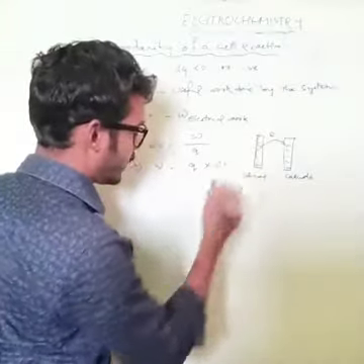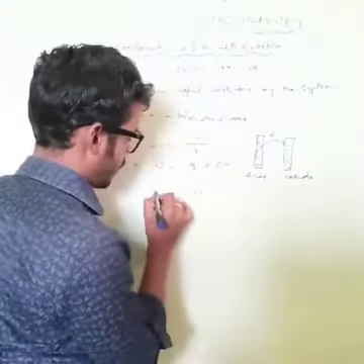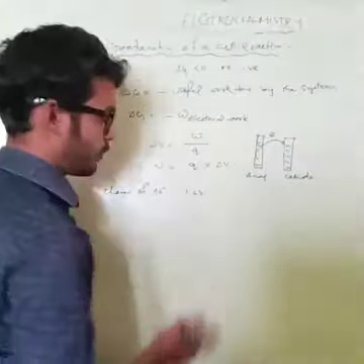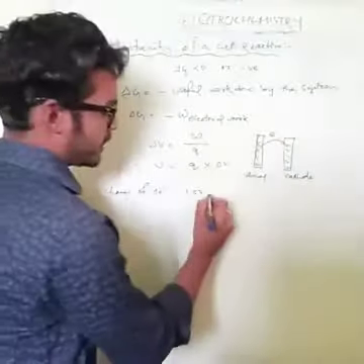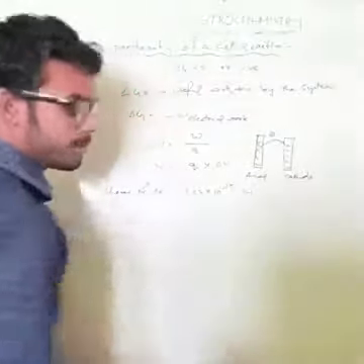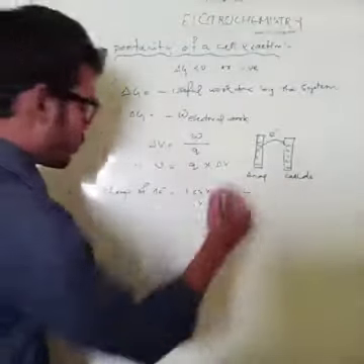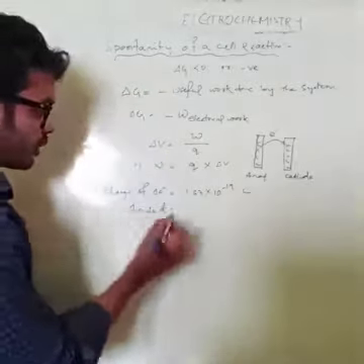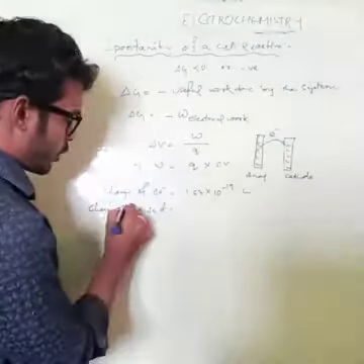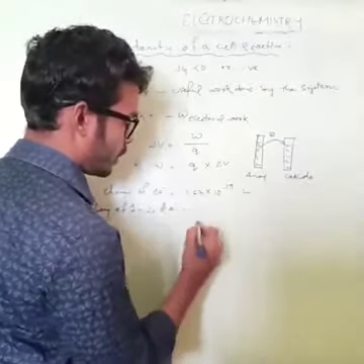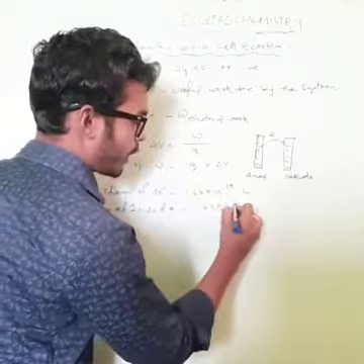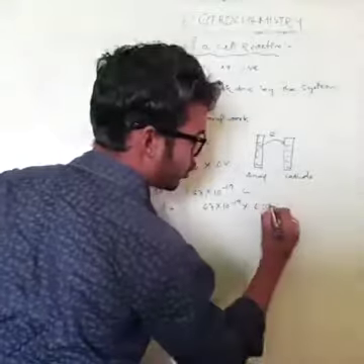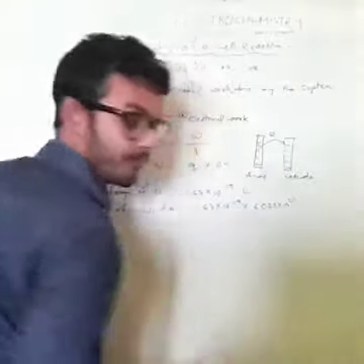The charge of one electron is 1.67 into 10 to the power minus 19 coulomb. For 1 mole of electrons, the charge is 1.67 into 10 to the power minus 19 into Avogadro's number, 6.022 into 10 to the power 23.